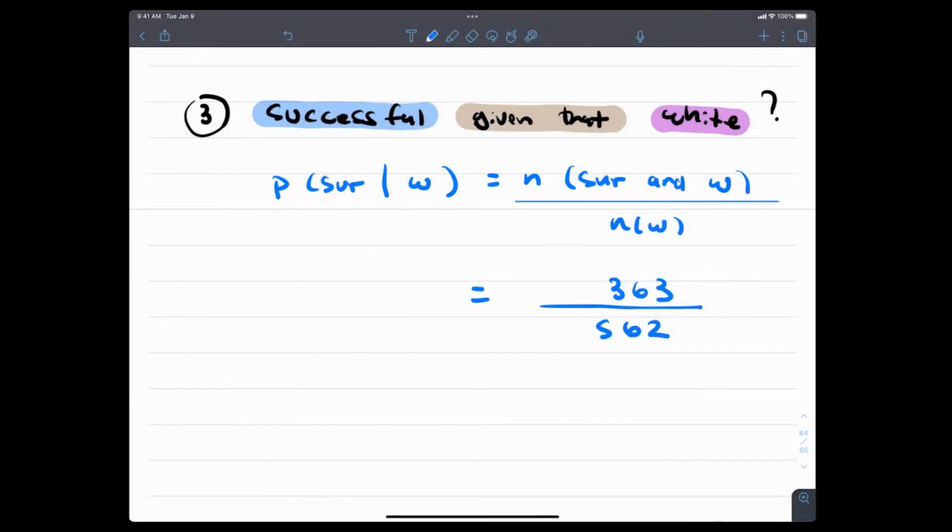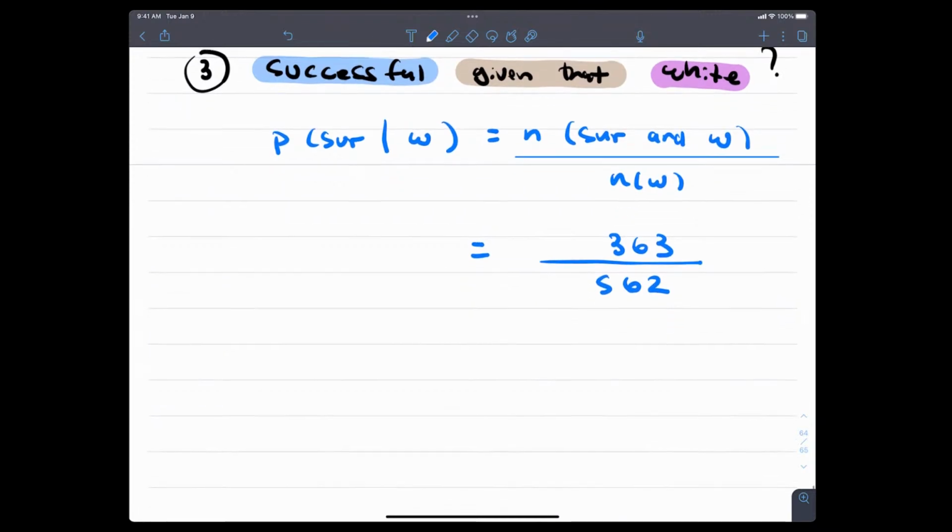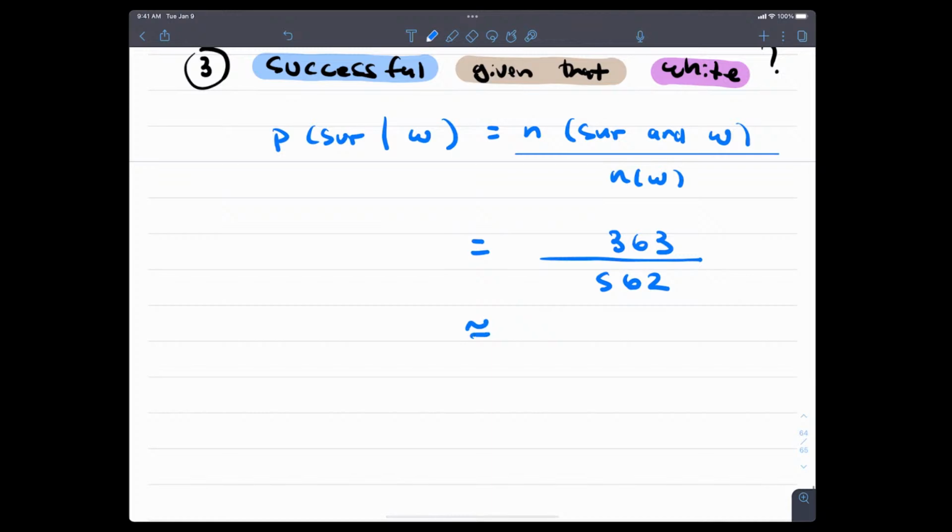Okay, now what we're going to do is this. Go to the TI. And you say what? 363 divided by 562. And ladies and gentlemen, what's this approximately? 0.64.